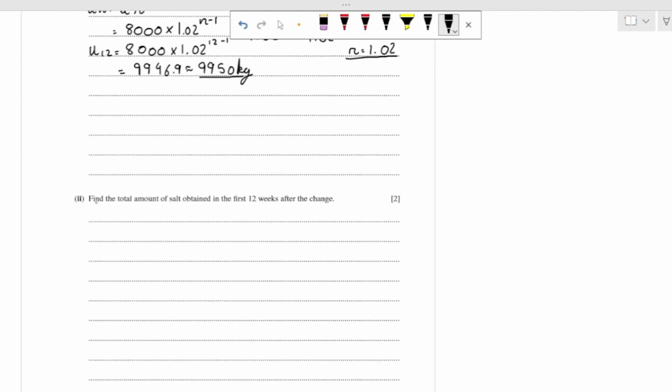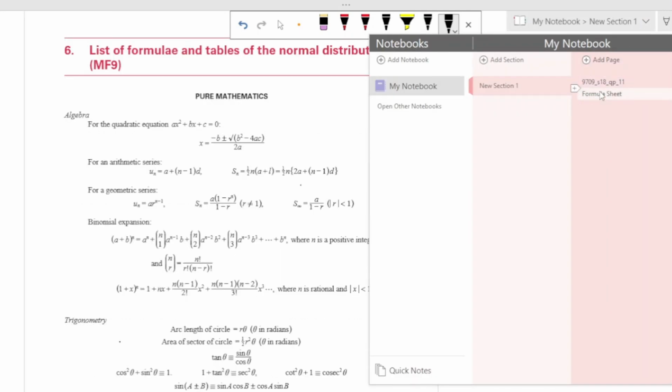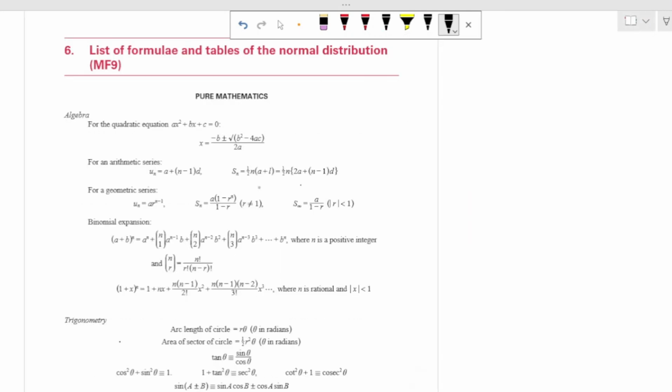Part 2. Find the total amount of salt obtained in the first 12 weeks after the change. So what are they asking us in this question? Basically, the sum of the first 12 terms of this geometric progression. Well, if we do not know the formula, we can refer to the formula sheet and look for the sum.